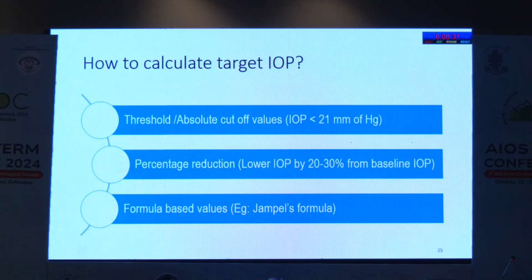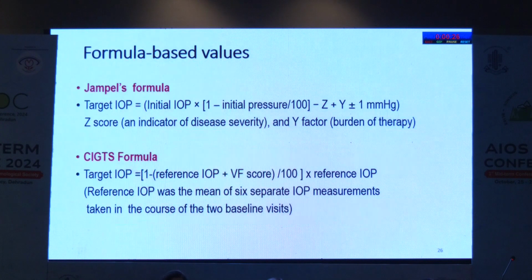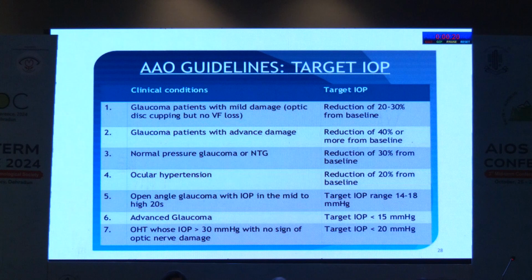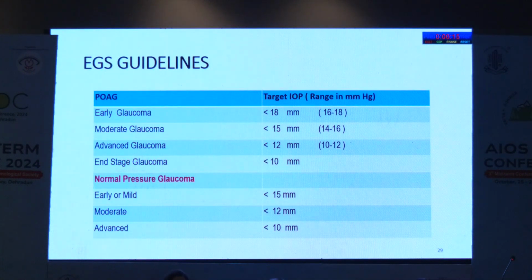And then finally, how to calculate target IOP will be based on your threshold, IOP less than 21, percentage reduction from the baseline, and formula based, which could be JAMPL, CIGTS, and the modified JAMPLs. Then there are the American Academy guidelines and European Society guidelines, more or less the same.